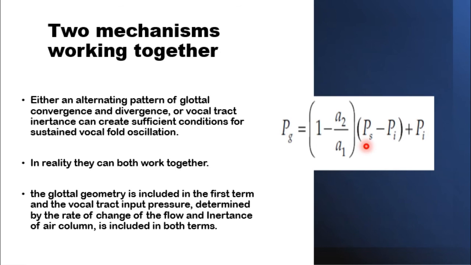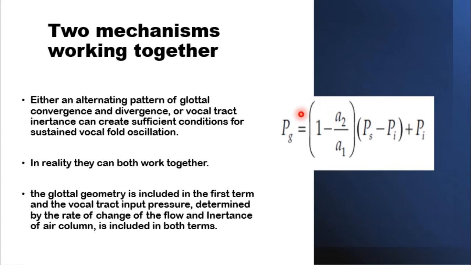So these are the two mechanisms that can explain how the intraglottal pressure has an asymmetry, being positive in the opening phase and negative in the closing phase. Thereby it drives the vocal fold medial ends apart while the glottis is trying to open and sucks them together closer to the midline when the glottis is trying to close up.